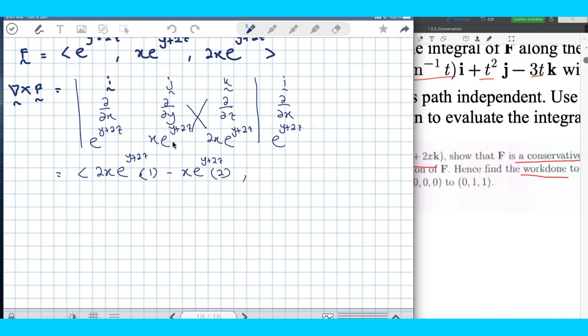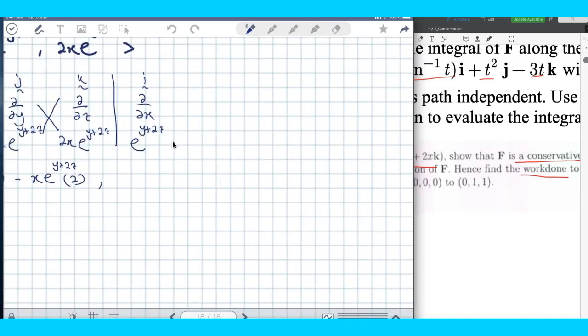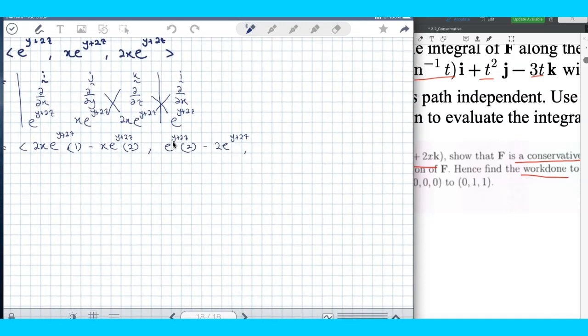Next, the component J, K cross I: del z, so you have e to the y plus 2z multiplied by 2, minus del x, so you have 2 e to the y plus 2z, since x is only outside the exponent. Then for I cross J to get component K: del x, so you have e to the y plus 2z, minus del y of e to the y plus 2z.